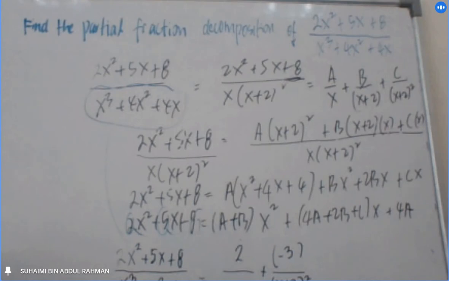Therefore, we don't need to do the step of long division. The step of long division is only for the case where our rational function is improper, the process to make it proper. Any questions?